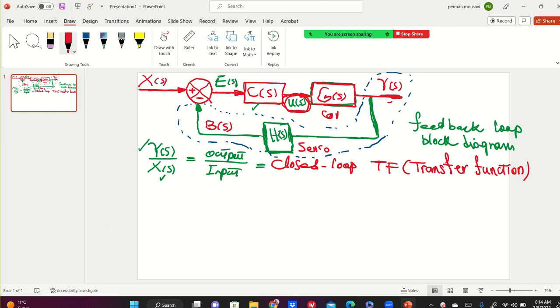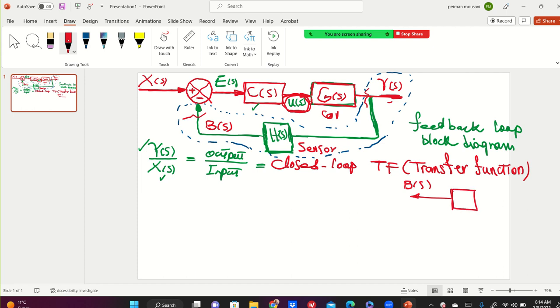I'm taking this out from the block diagram, cutting from here and from here. Say this is B.